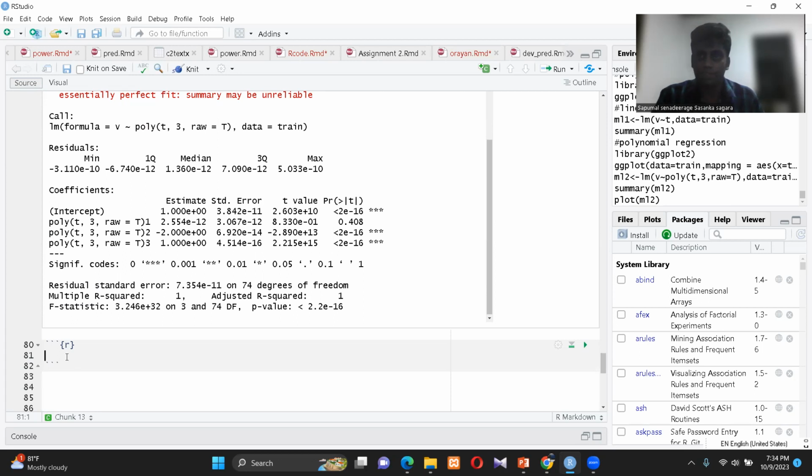So I try to compare these two models using RMSE, root mean squared error.